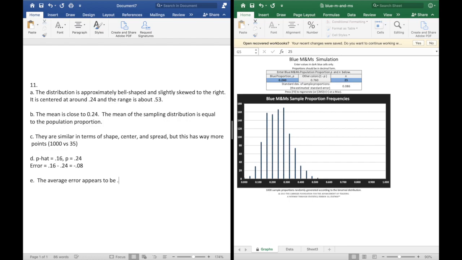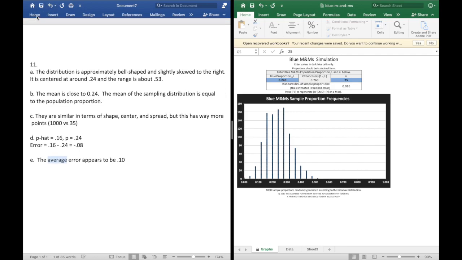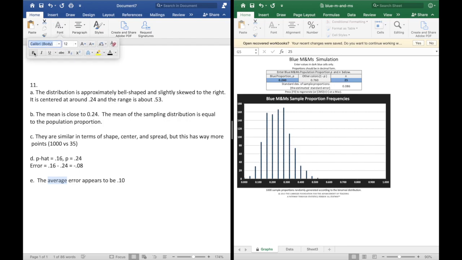Again, we're eyeballing here. We're going to give an exact number soon, but again, we're just eyeballing from the picture, right? The key word here is average. I'm even going to put that in bold right now, okay? Because some errors are more and some are less, but that's the average error.